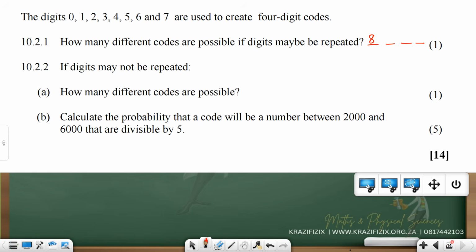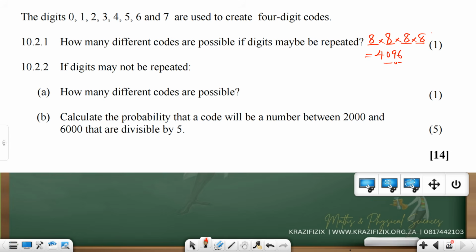Next digit, 8. Next one. So it's 8 times 8 times 8 times 8. What's your answer again? Michelle, what did you get? So 4,096. All right, that's a correct answer.